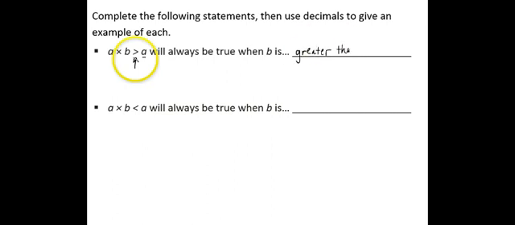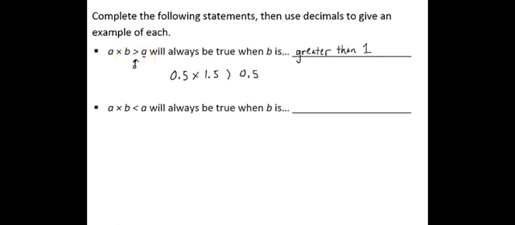So we'll put greater than 1. An example, using decimals, I could say A is 5/10. If I take it times 1 and 5/10, a number greater than 1, I will end up with an answer that is greater than 5/10.